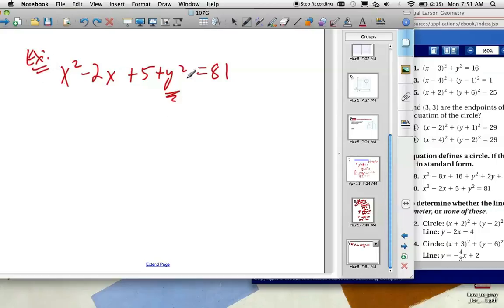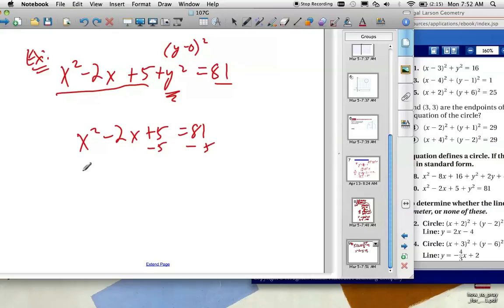That's already y minus 0 squared, so we leave it that way. Then we're taking x squared minus 2x plus 5 equals 81. I want to put this in perfect square terms. So I bring this 5 over to the other side and I get x squared minus 2x equals 76.